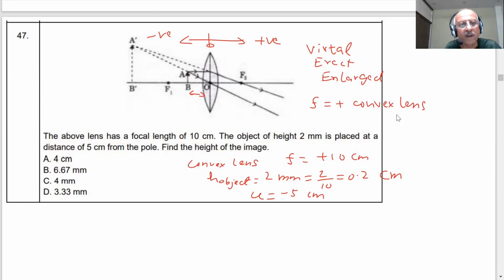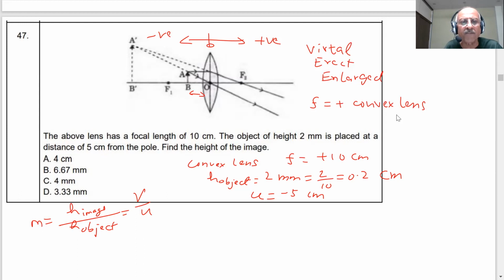What is the formula? You already know. Height of image divided by height of object is equal to the magnification, that is V by U. U you know, and height of the object you know.